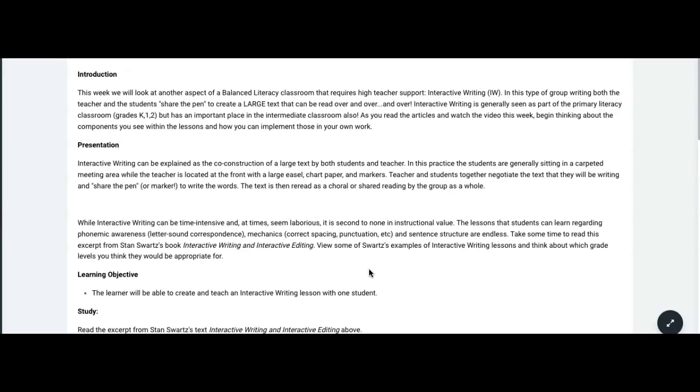In our text, Fountas and Pinnell state that interactive writing is a powerful tool to help students build a strong early reading and writing process. During interactive writing, there is rereading of the text that is written to decide where to put the next word.